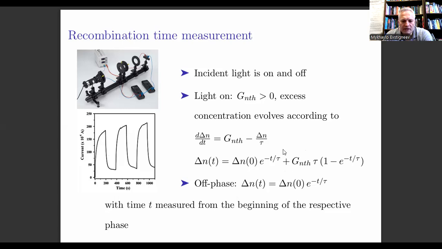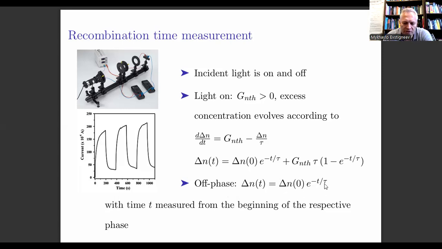And in an off phase, the charge carrier dynamics is described by the same differential equation, but without this non-thermal generation rate. So it is d delta n by dt is negative delta n over tau in the off phase, and the solution of this equation is written here. It is an exponentially decaying function where delta n of 0 is now the excess carrier concentration in the beginning of a given off phase.